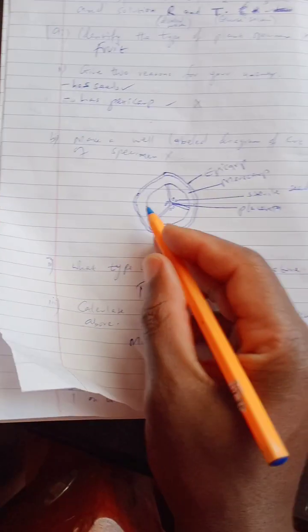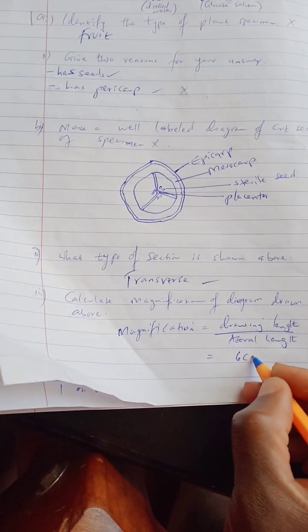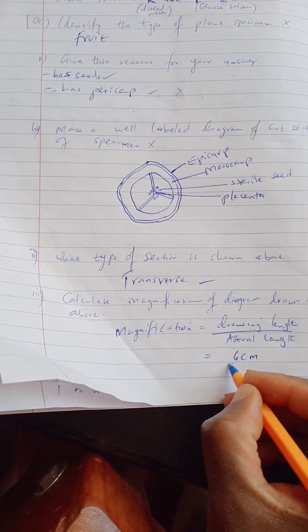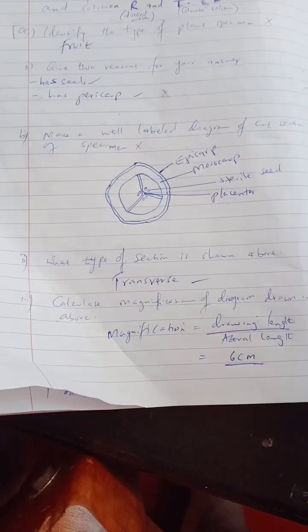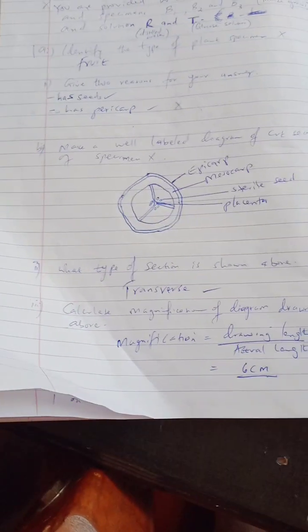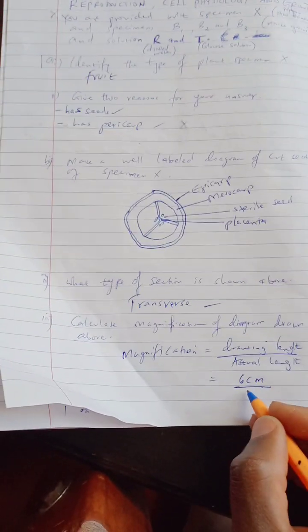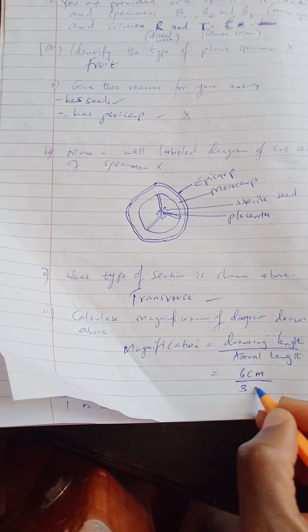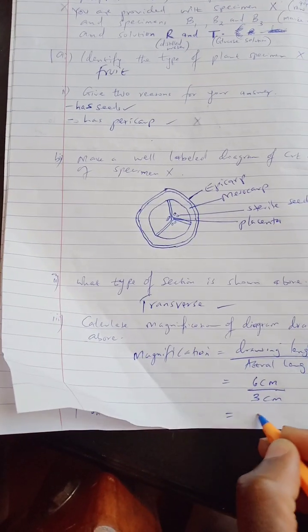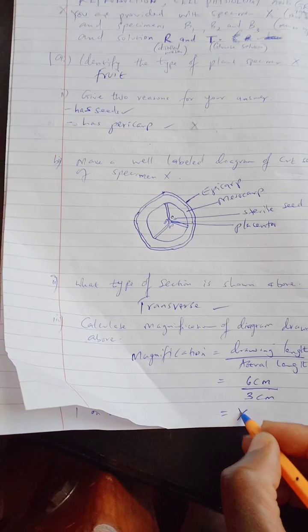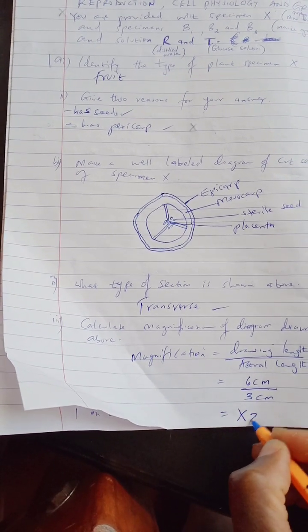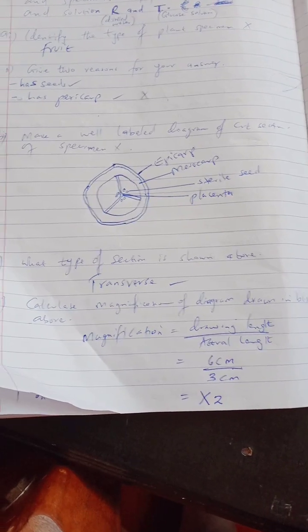Let's say that from here to here is around 6 centimeters. So you carry the units, divided by, now you go to the actual specimen and get the length, and let's say that the actual length is something like 3 centimeters. So you show a big X, and then 2 like that. So you get your answer like that.